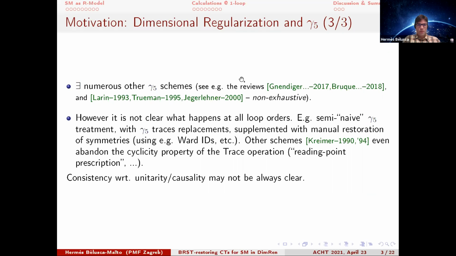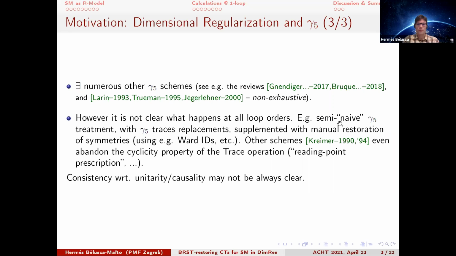But for most of them, it is not clear what happens at all loop orders. It has been shown on examples, or more theoretically, that up to, for instance, 2 or 3 loop orders, they are consistent. But it is not clear yet what could happen at all loop orders in these schemes.